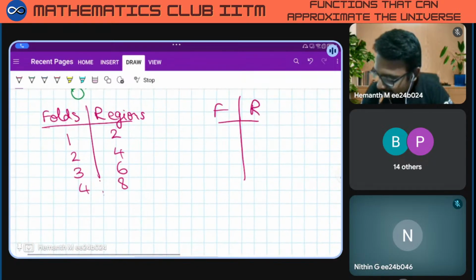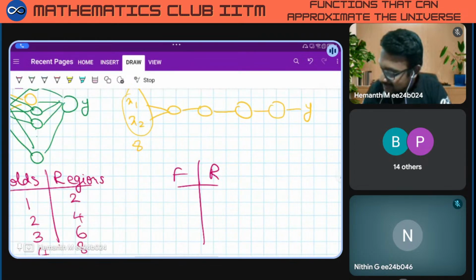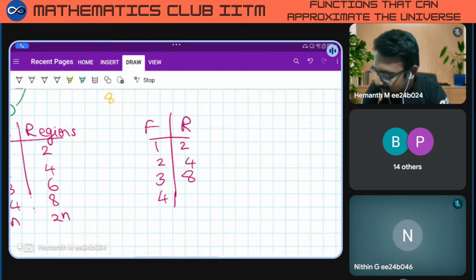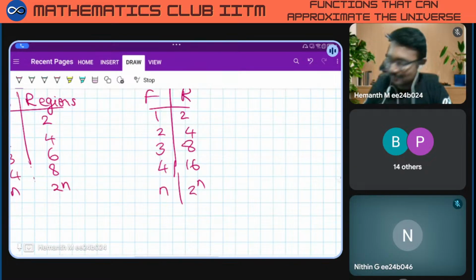You can observe the pattern: after n folds, there are 2n regions in the input space. But in the second case, after my first fold, I had the same two regions. After the second, there were four, and after the third fold, there were eight regions instead of six. After the fourth fold, there are 16 regions. So the pattern you can see here is that after n folds, you have 2 power n regions.